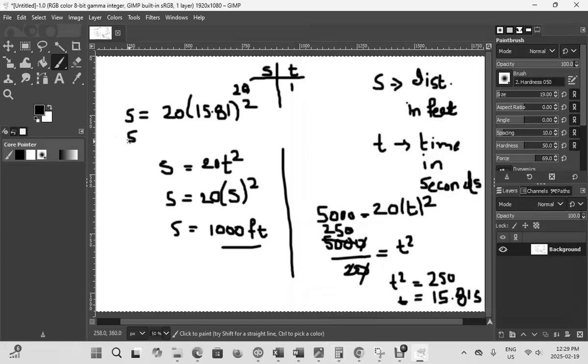So S equals 5,000 feet. Now you know that it will take roughly 15 seconds to cover a distance at which point you would need to open your main parachute or your reserve.